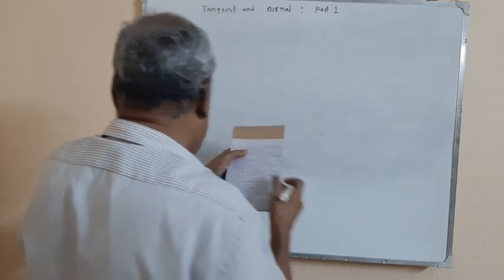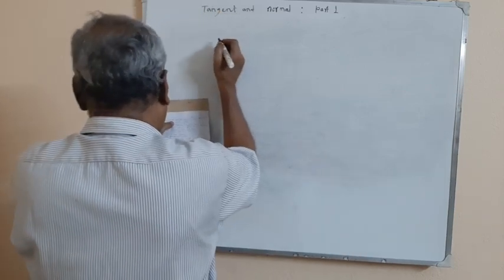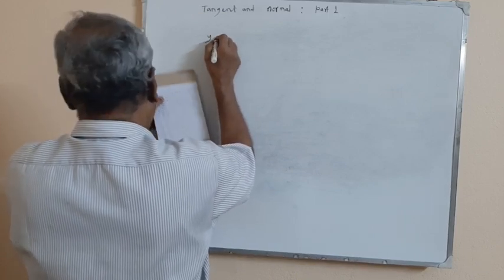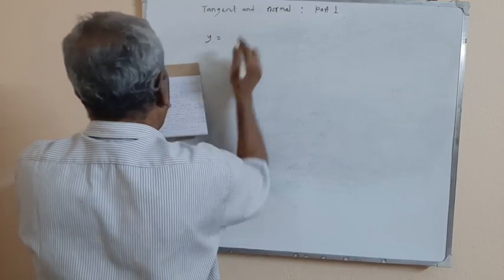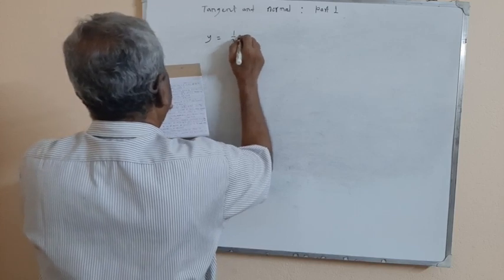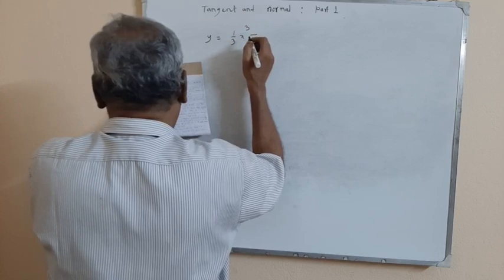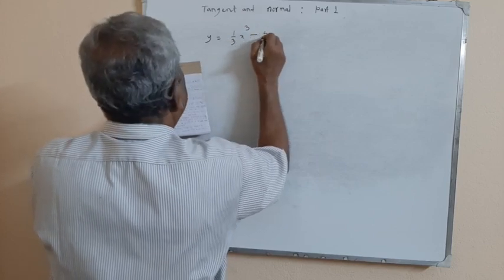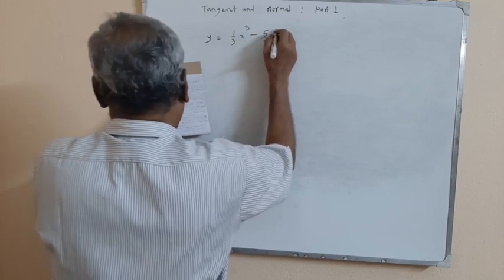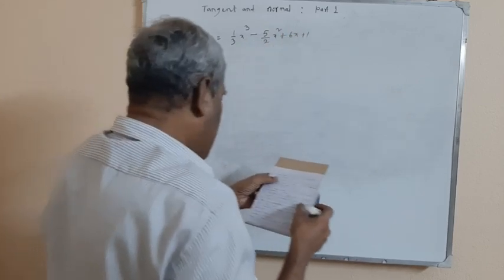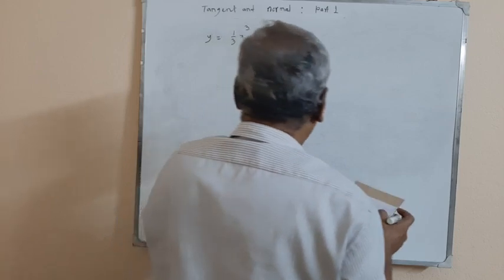Next problem is the points where the normal of y is equal to 1/3 x cube minus 5/2 x square plus 6x plus 1 are parallel to the y-axis.